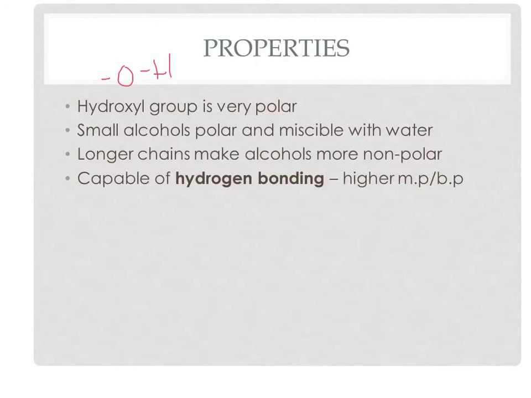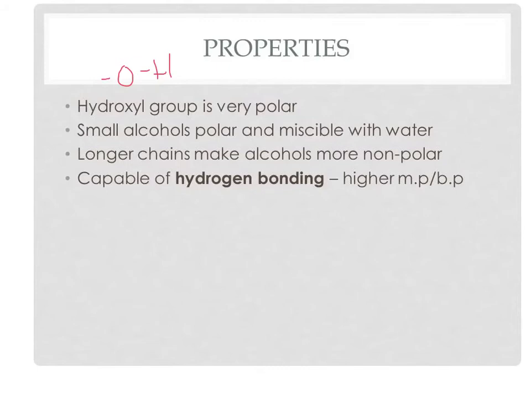The longer chain alcohols, however, are nonpolar, and they become more and more nonpolar as the length of the chain increases. That's because the nonpolar hydrocarbon portion of the molecule starts to overpower the polarity of the hydroxyl group. And we should know from last unit that alcohols are capable of hydrogen bonding with each other.